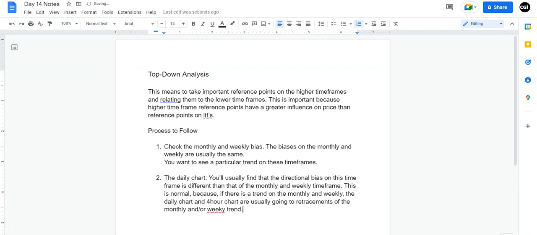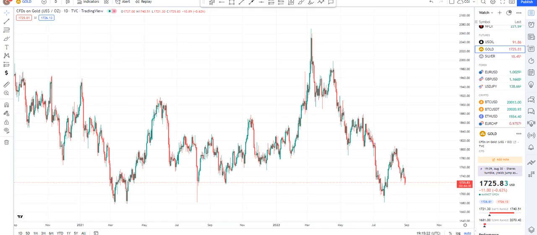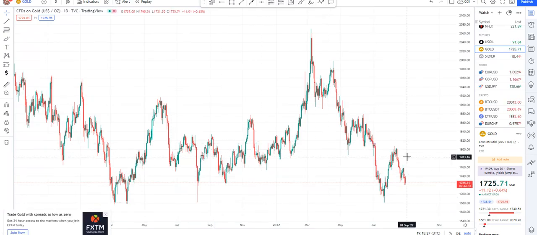So if the monthly and the weekly charts are showing bullishness, you would most likely find bearishness on the daily chart.